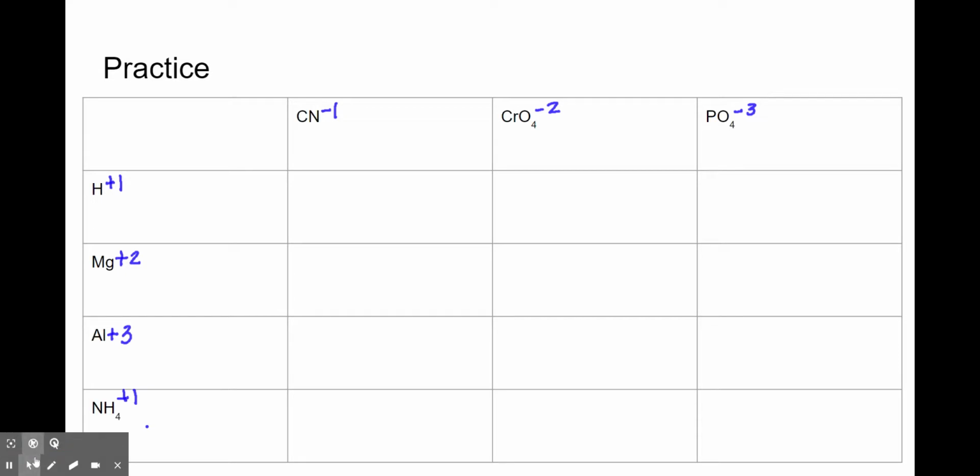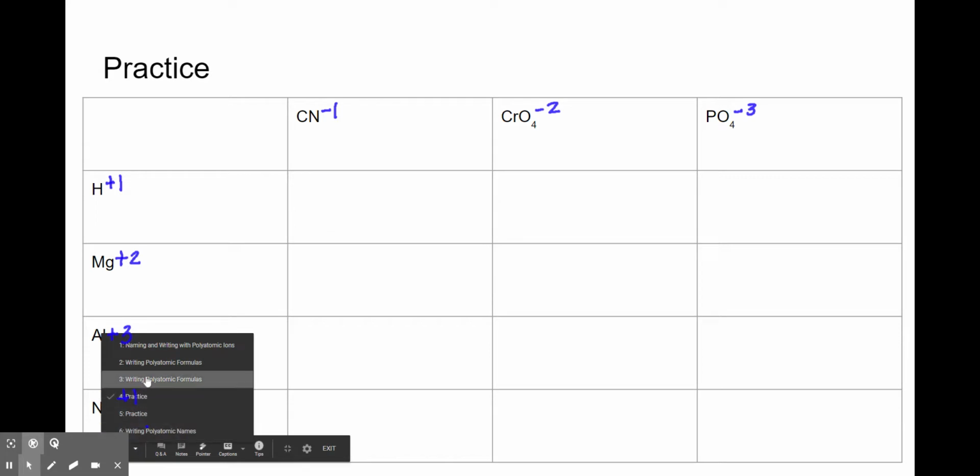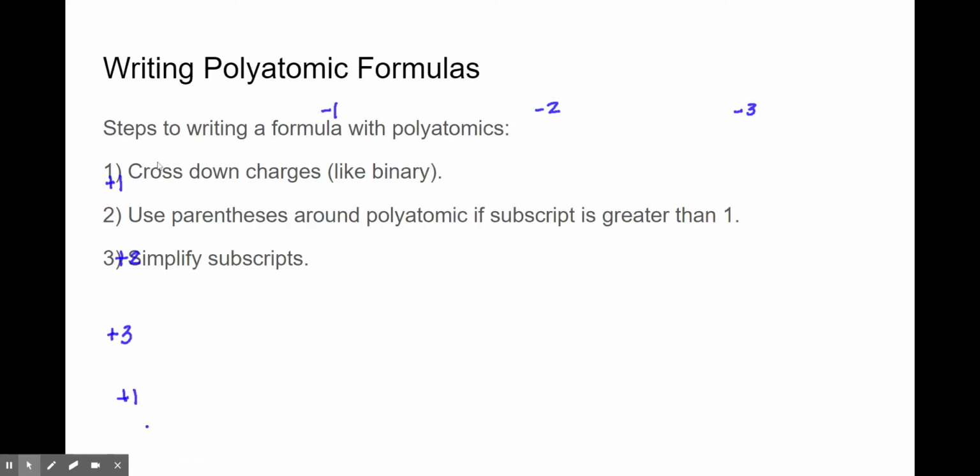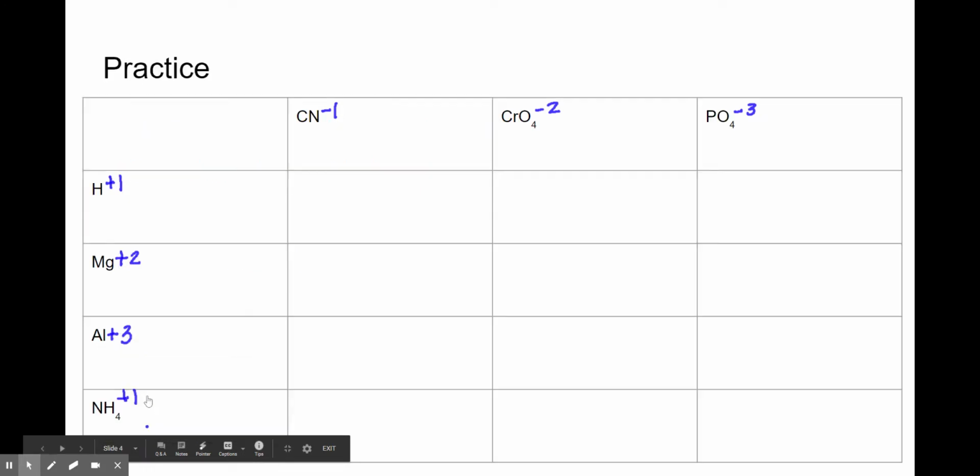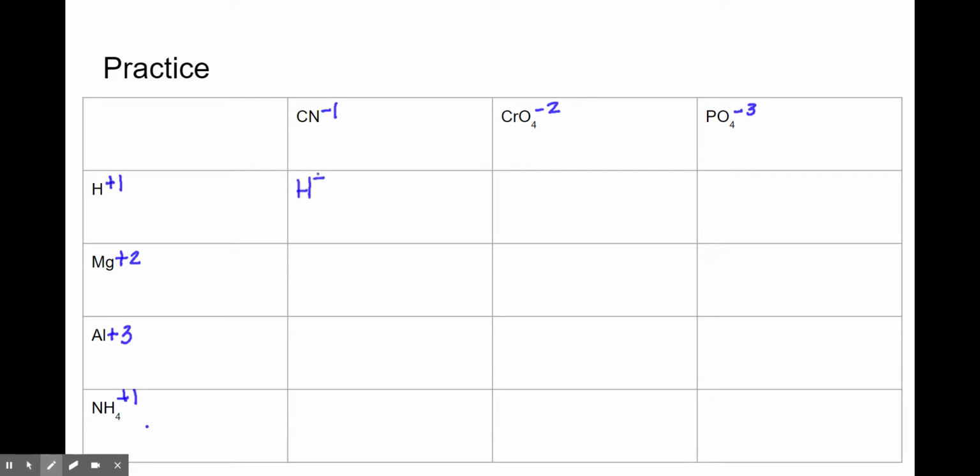So looking back at our practice, or what we're supposed to be doing: cross down the charges, use parentheses around the polyatomic if the subscript is greater than 1, simplify the subscripts. So I have H+ and CN.